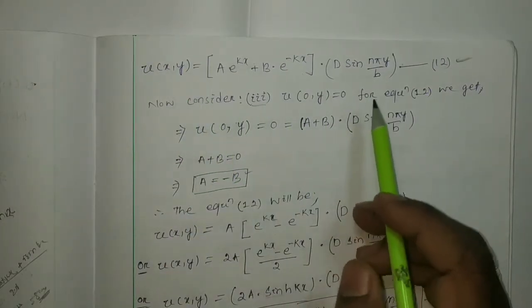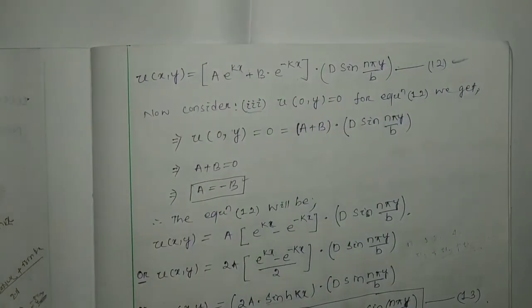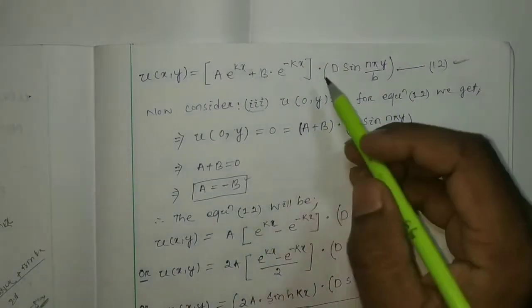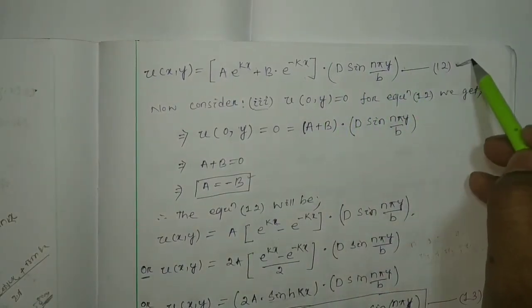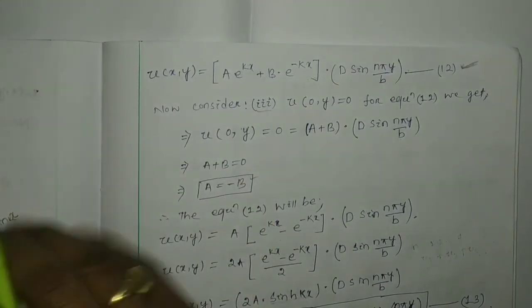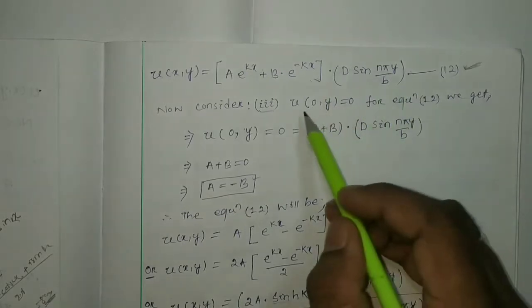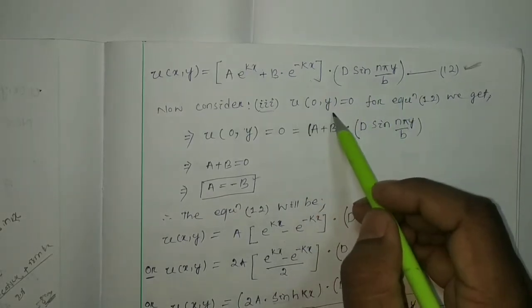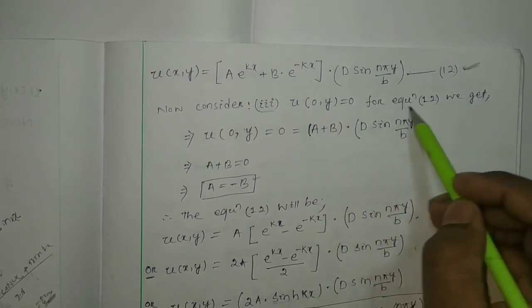Now we have to use this boundary condition on our modified general solution. This is the latest modified general solution, obtained by considering the last two boundary conditions. So we are going to apply this boundary condition to equation number 12.